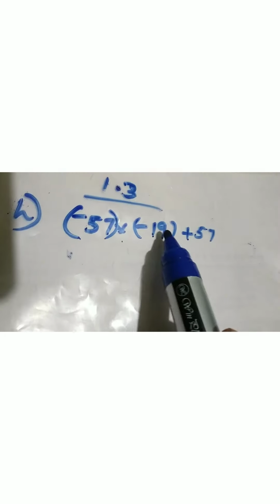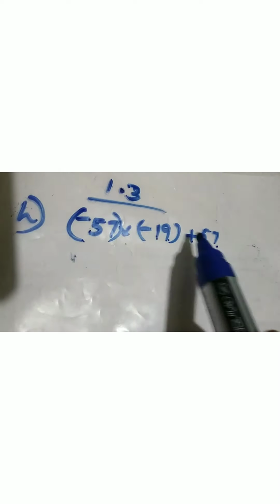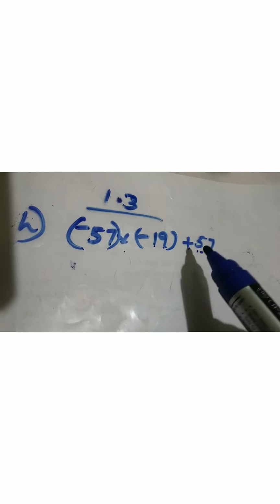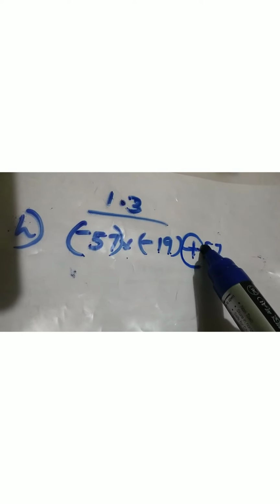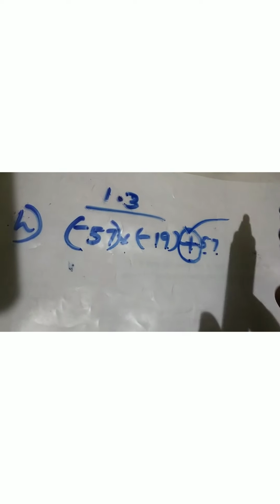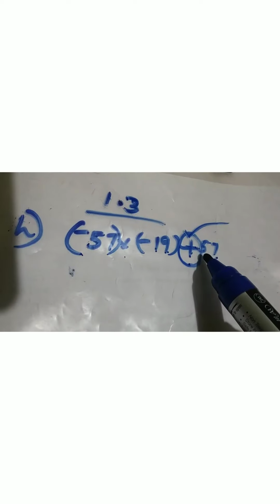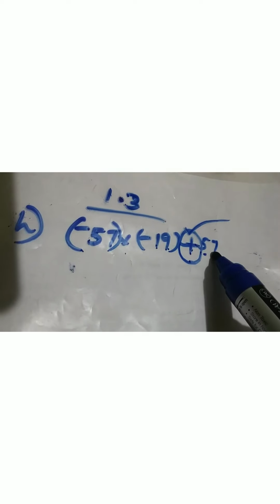Here negative 57 multiplied by negative 19 plus 57. Which form is this? How can we identify? Here first we have to think about plus or minus sign. Where is that plus or minus sign? Here. After that we can see 57.